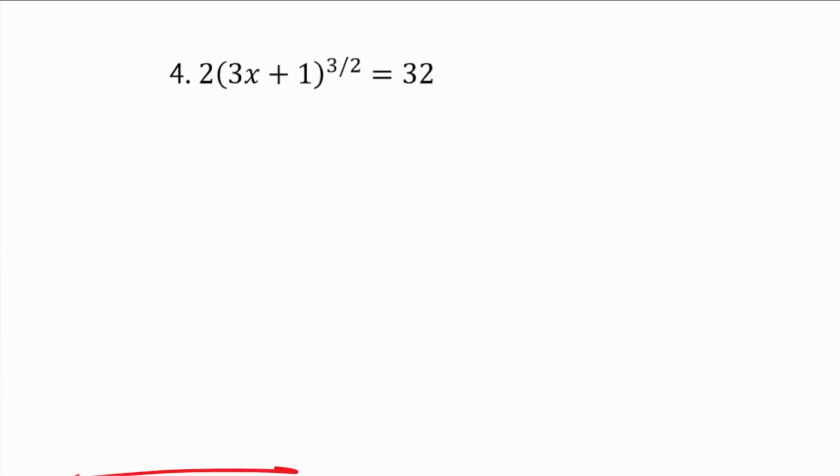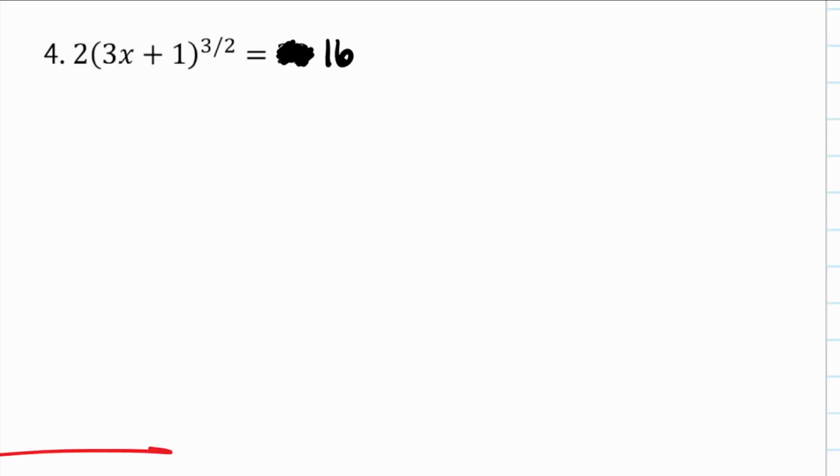Okay, on this one, I'm going to start by taking both sides and dividing them in half. Alright, yeah, that was supposed to say 16, so 2 times (3x plus 1) to the 3/2 equals 16, making (3x plus 1) to the 3/2 equal to 8.